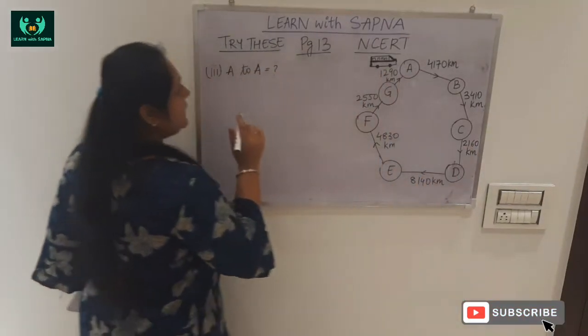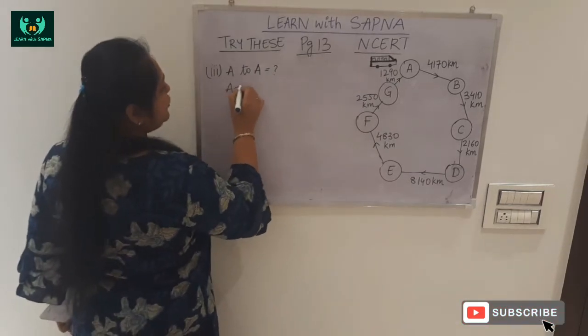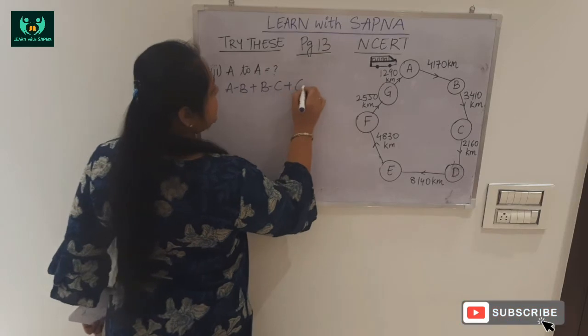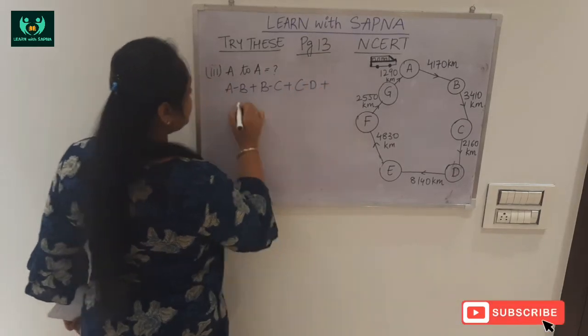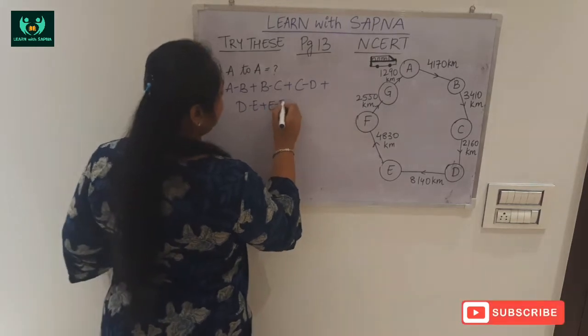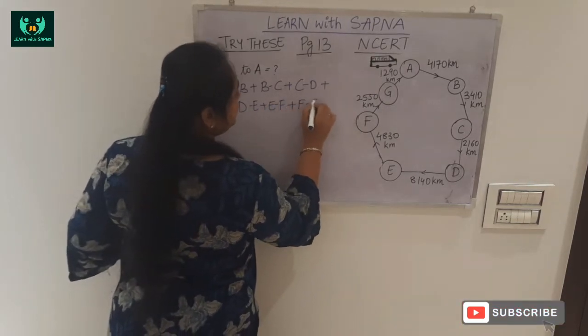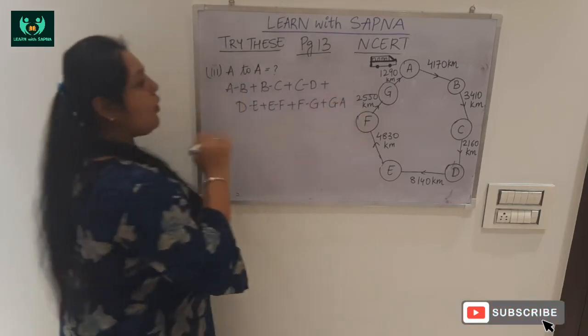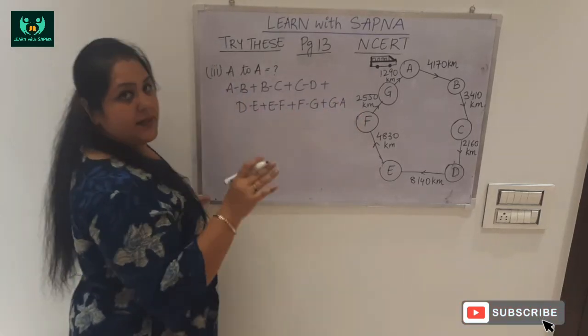How do we calculate? A to B plus B to C plus C to D plus D to E plus E to F plus F to G and then G to A. All the journey, all the paths, right?